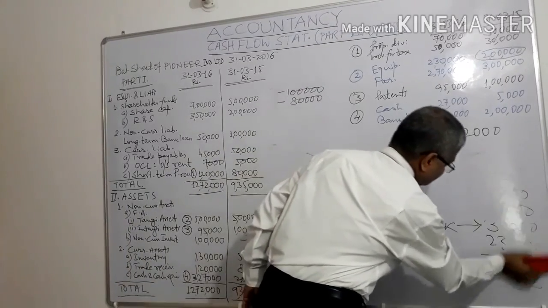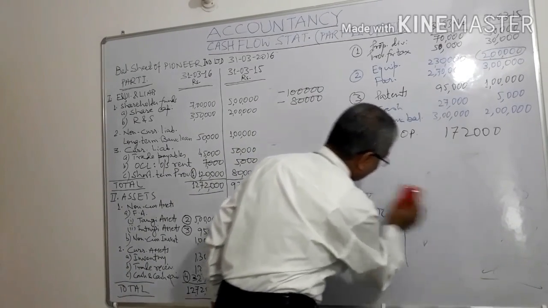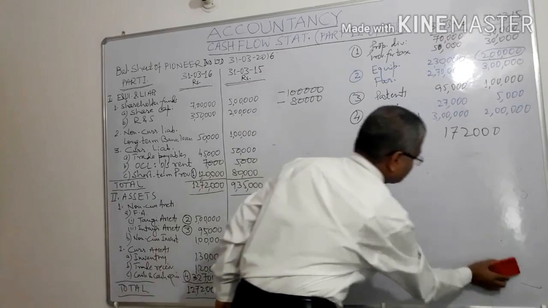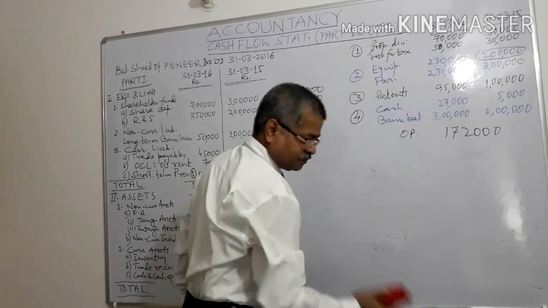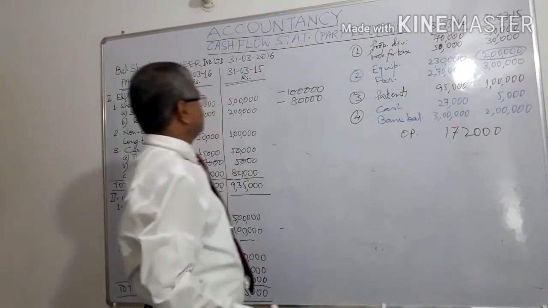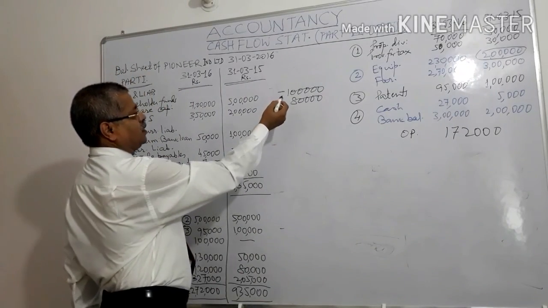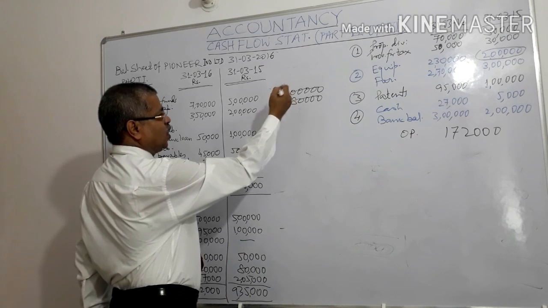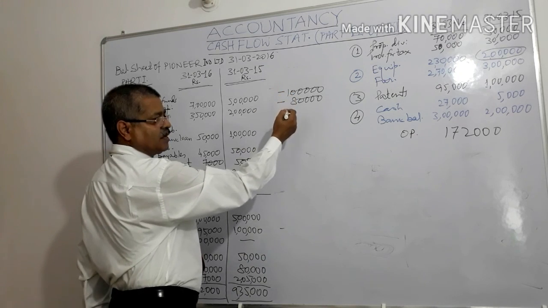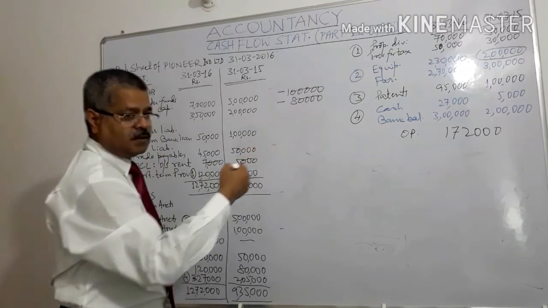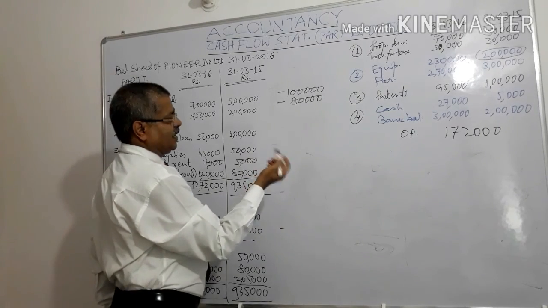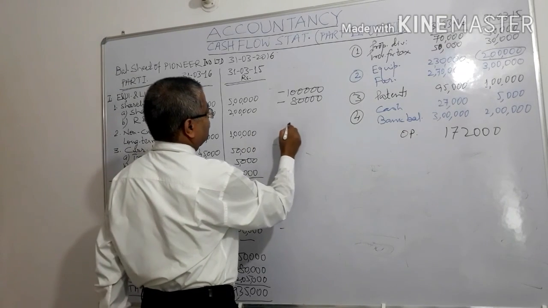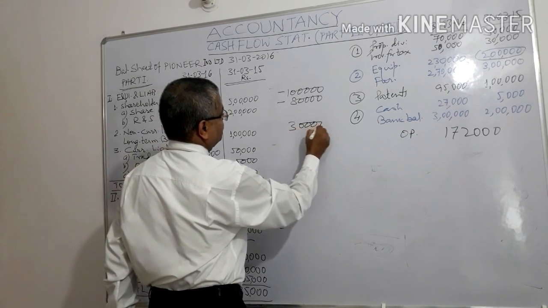So we were discussing cash flow from investing activities. So what do we get? 100,000 non-current investment outflow, 80,000 purchase of machinery outflow, and what is the inflow? 30,000, right?